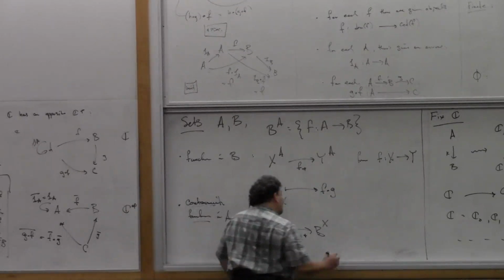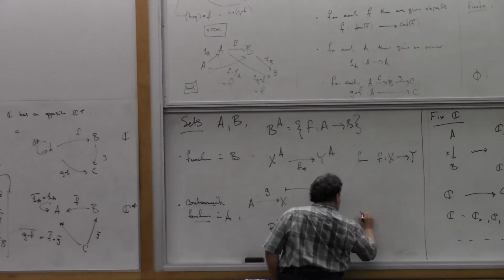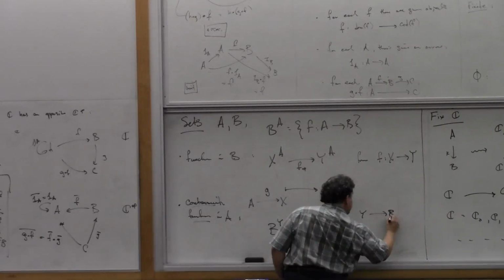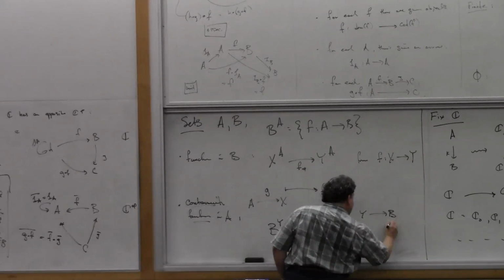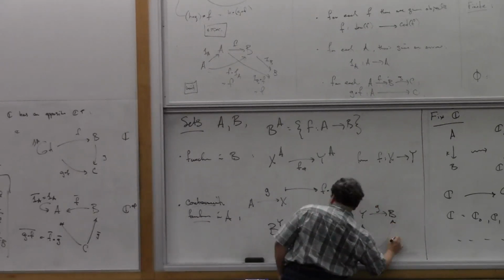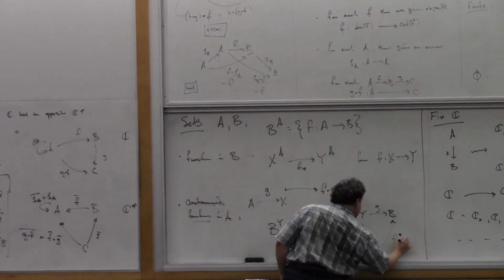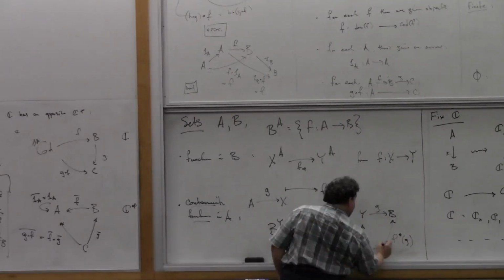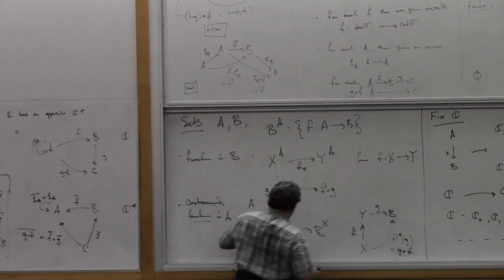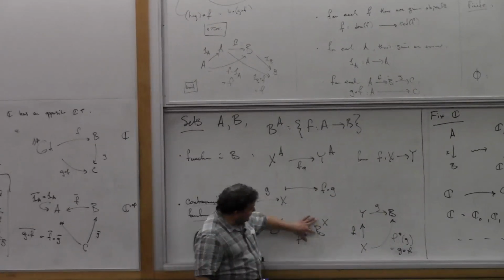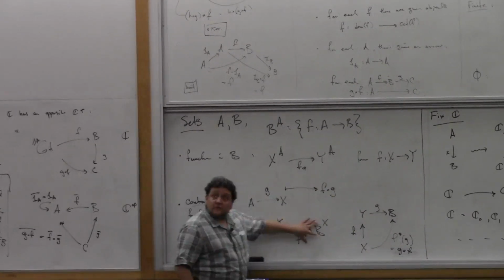How does f upper star work? I take some g from Y into B, and I precompose with f: f upper star of g is g after f. So that takes a thing from Y into B over to a thing from X into B.